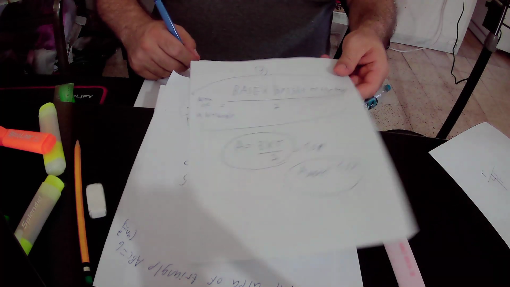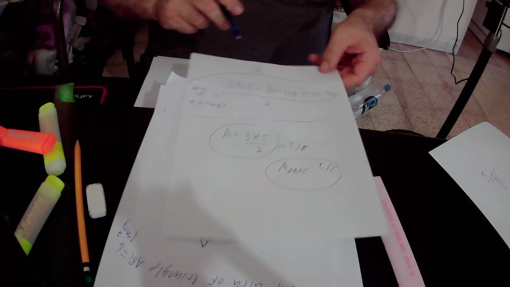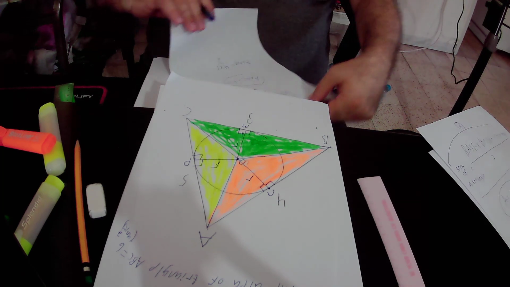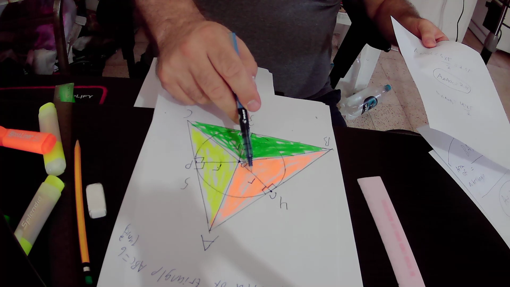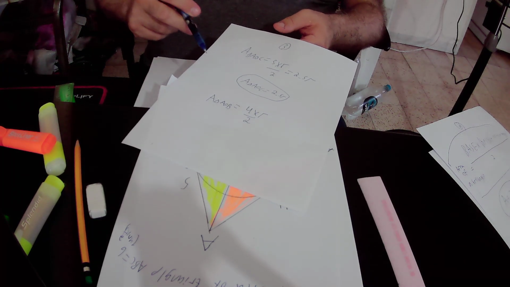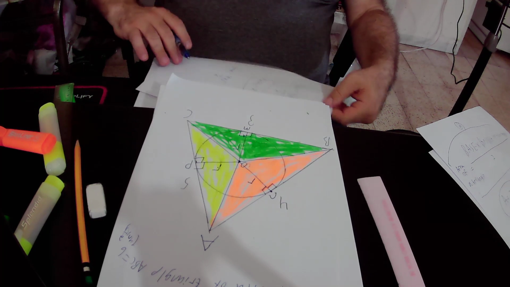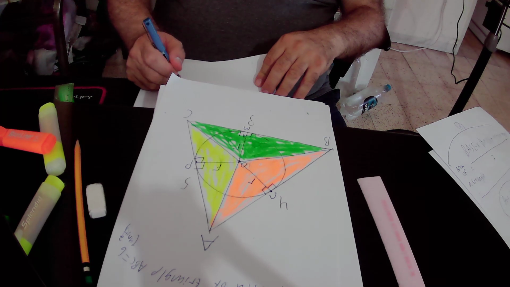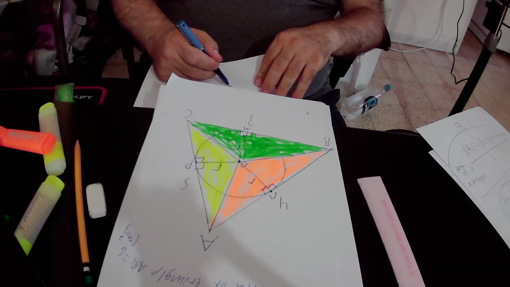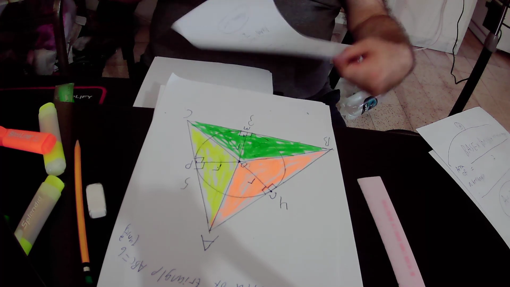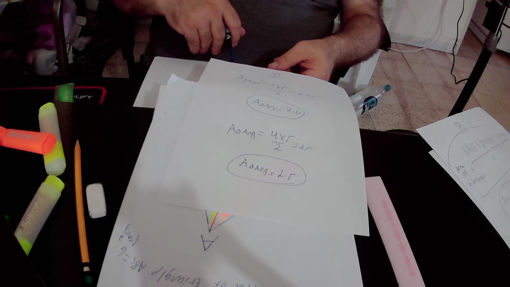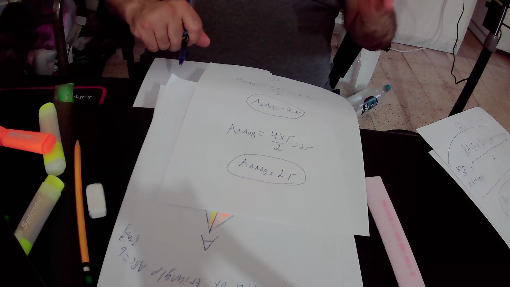So 4 over 2 is 2. Actually the area of the pink triangle AOB equals 2 times r, the radius of the circle.